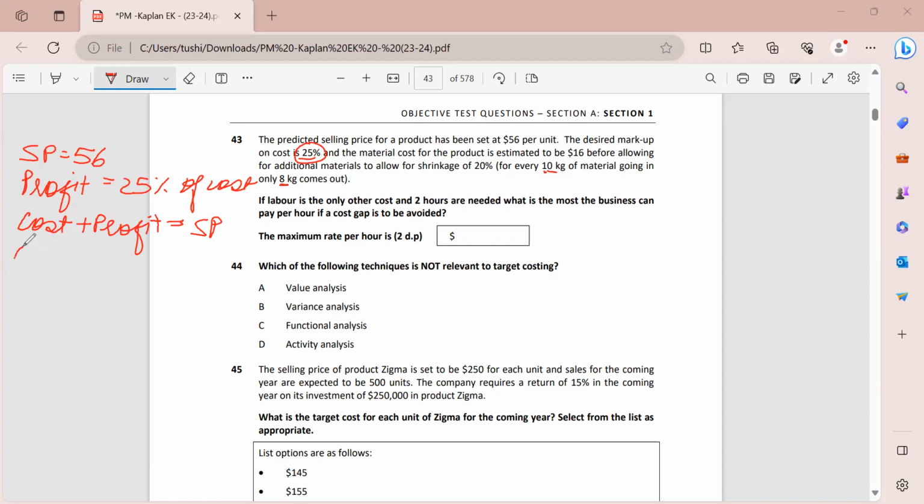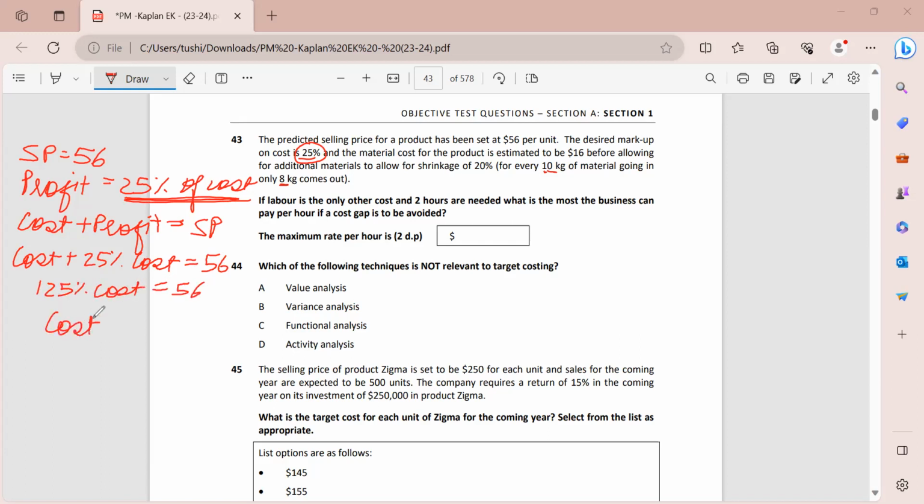So cost is something that we have to find out. Profit we know is 25% of our cost. So 25% cost gives you your SP of 56. That means 125% cost equals 56.